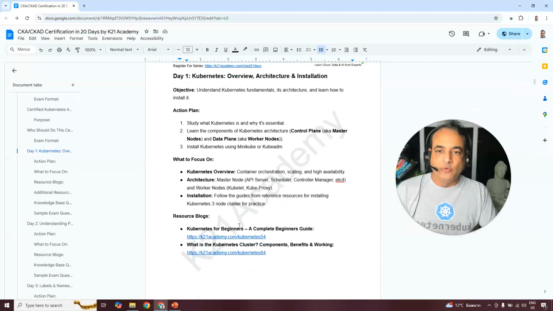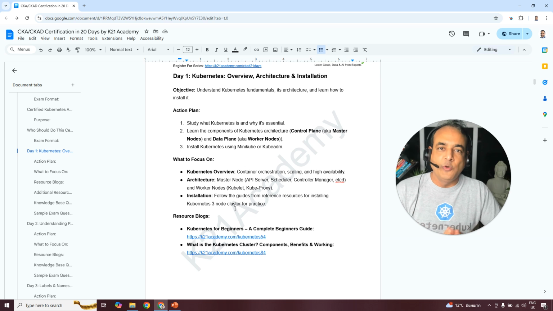Day one is going to be all about Kubernetes overview, architecture and installation. We're going to go deeper into things like how the architecture looks, covering the control plane, also called the master node, and the data plane, also known as worker nodes. We'll also talk about how to install components to set up a 3-node Kubernetes cluster or a multiple node Kubernetes cluster.